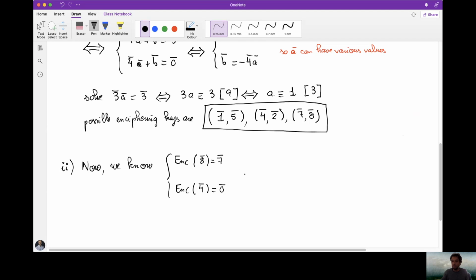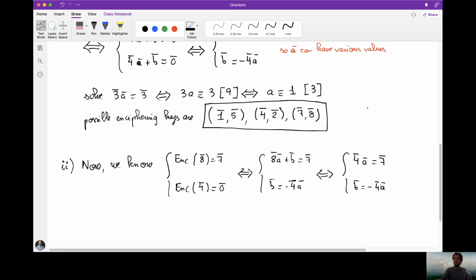Okay, and now we can again apply the same method to see if this can be solved. So now we have 8a plus b is equal to 7, and we have that b is equal to minus 4a, so we can plug this in the first and we get that 4a is equal to 7, and b is equal to minus 4a.